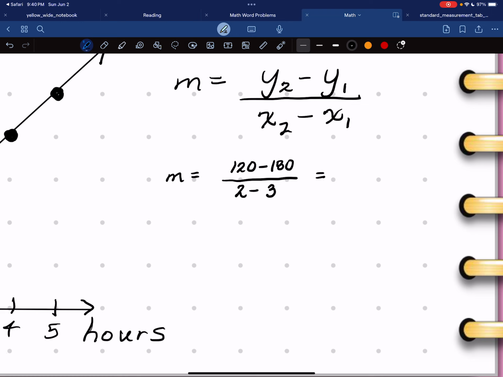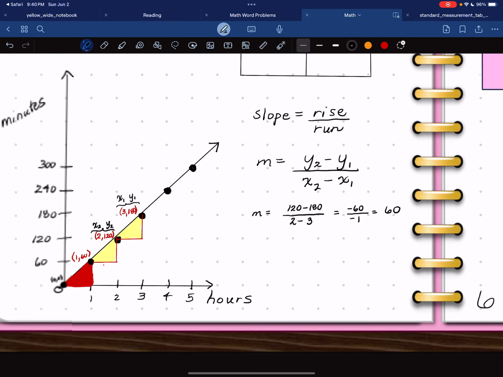So that's going to be 120 minus 180. That's a negative 60. 2 minus 3 is negative 1. And negative 60 divided by negative 1 is positive 60. So the slope is 60 on this particular graph.